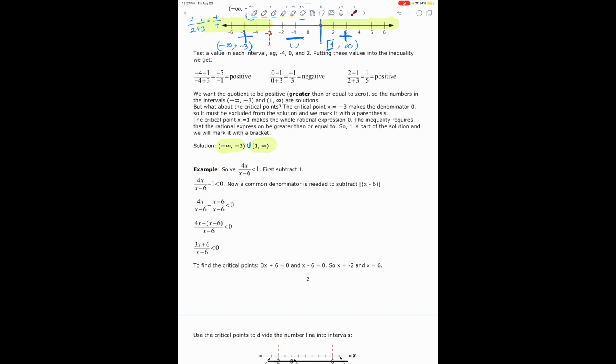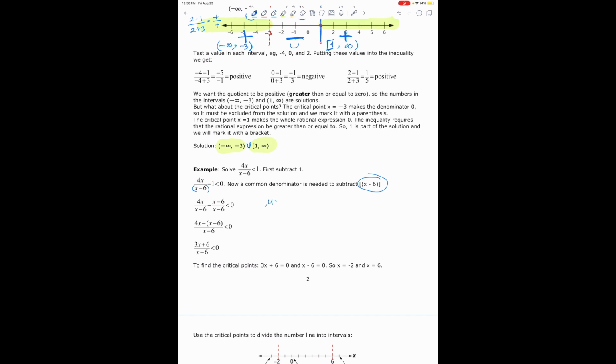Now we need a common denominator, or the least common denominator. The least common denominator is basically a denominator that all of the denominators go evenly into. So in this case, we only have x minus 6, so that is going to be the least common denominator. Now we rewrite everything with the new denominator.